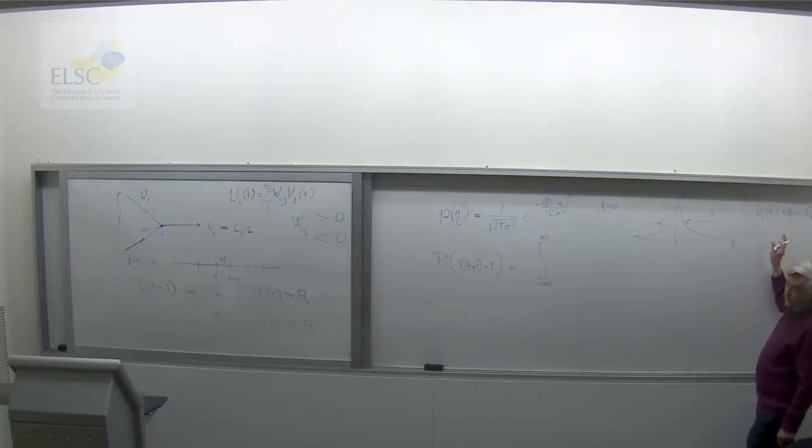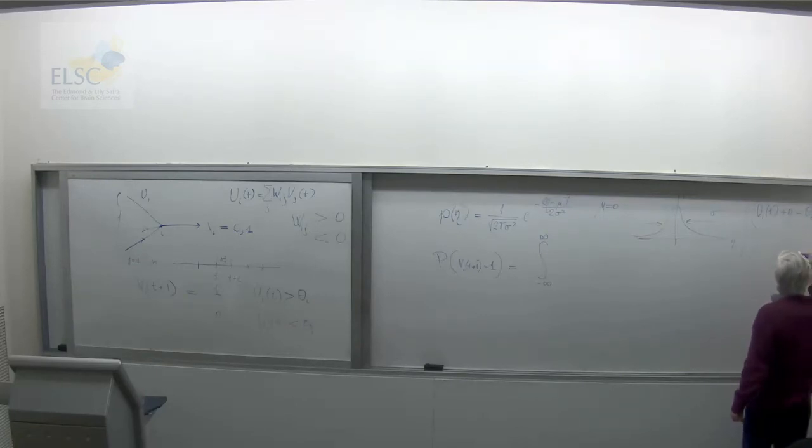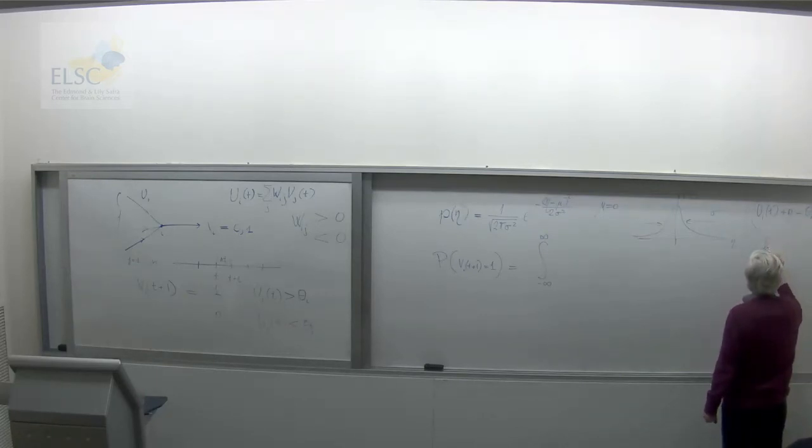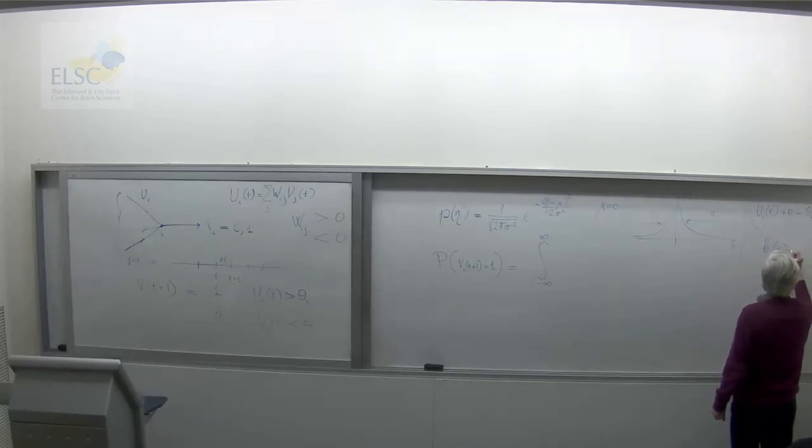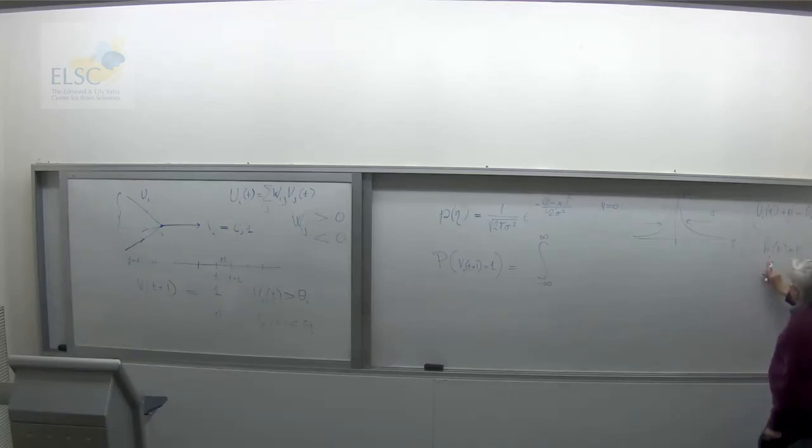If this is positive, then the neuron, then this will happen. Let me just adopt a notation which we shall use, a theta of hi plus eta, where by hi I denote this minus this.